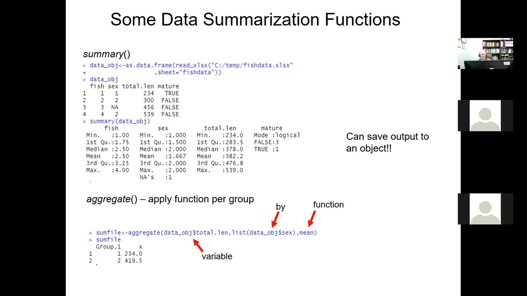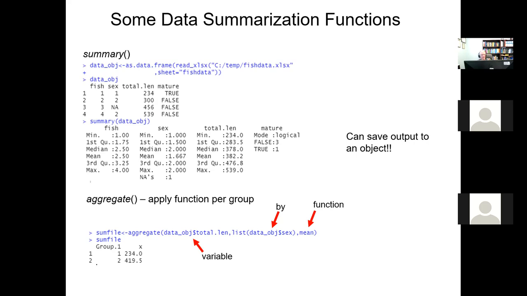And notice that once you use this function, the grouping variable is specified as a group followed by a number, because you can put multiple by variables within that list parenthesis. You can do it by sex, you can do it by, let's say, maturity, and then they'll have columns specifying each of the levels.